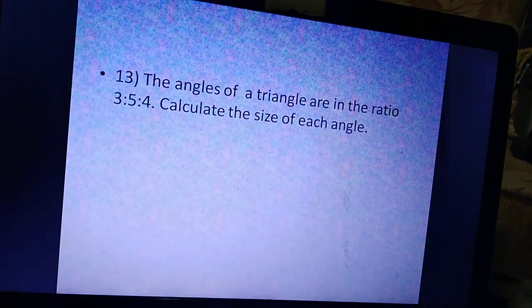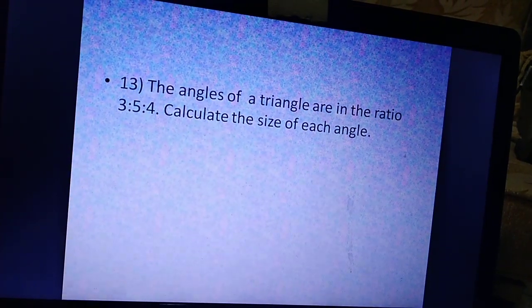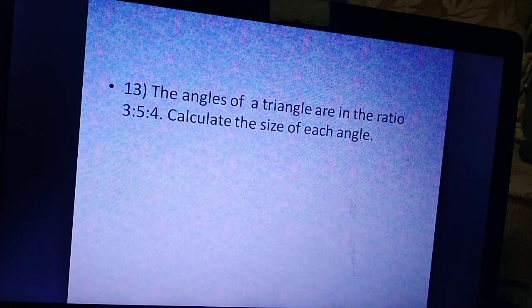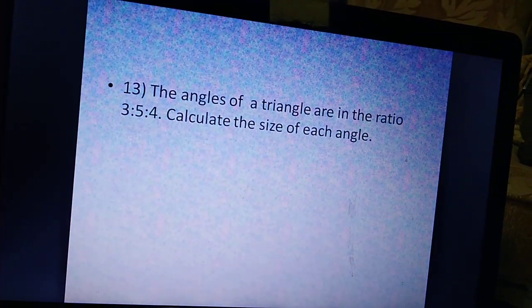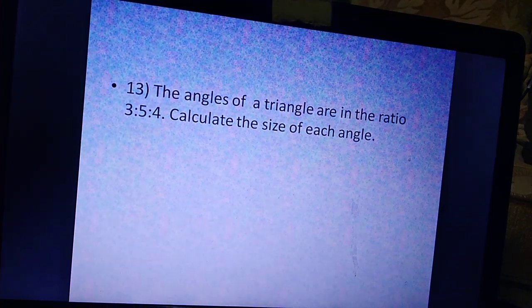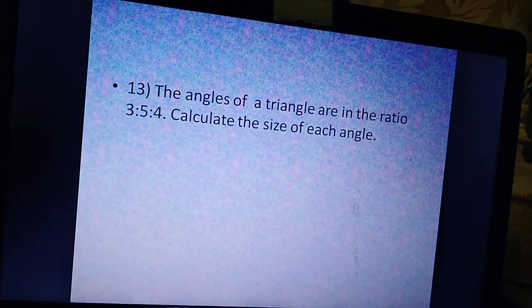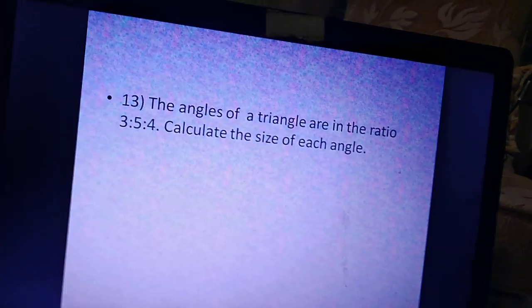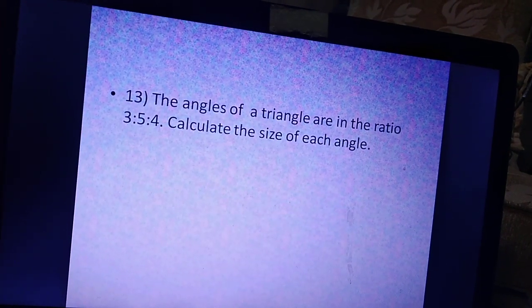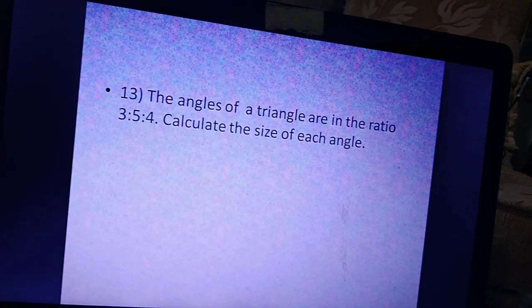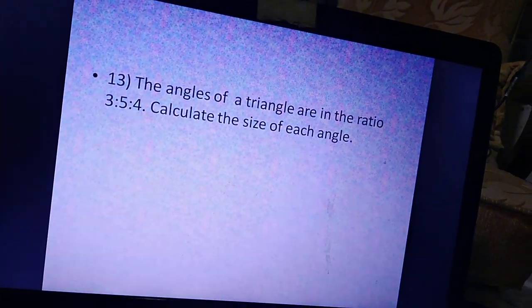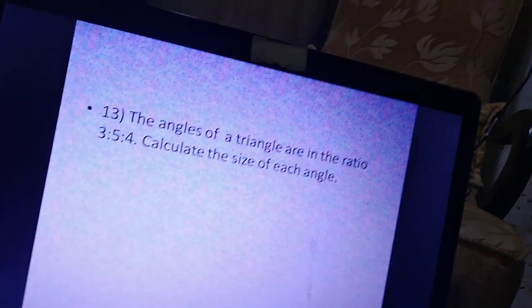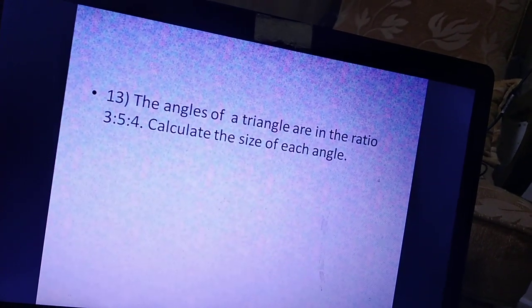If this is a triangle, then the sum of these angles will not be 360. What else could it be? It is 180 degrees. So the way to begin this question is to write fractions, using 180 degrees as the sum of angles of any triangle. Then you will be able to calculate the 3 angles at the same time. Now let's see how this works out.